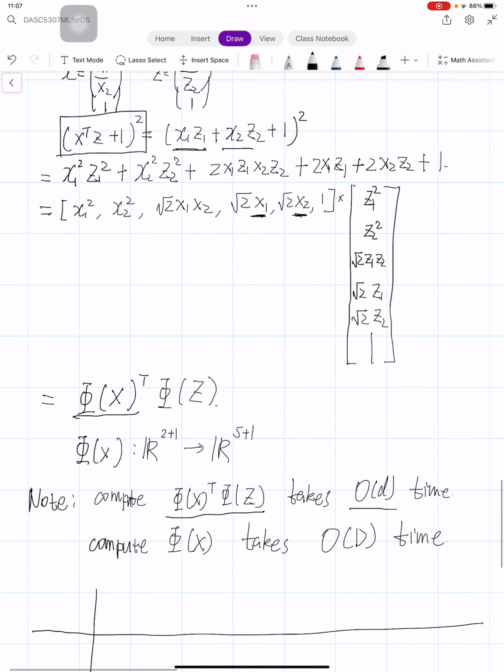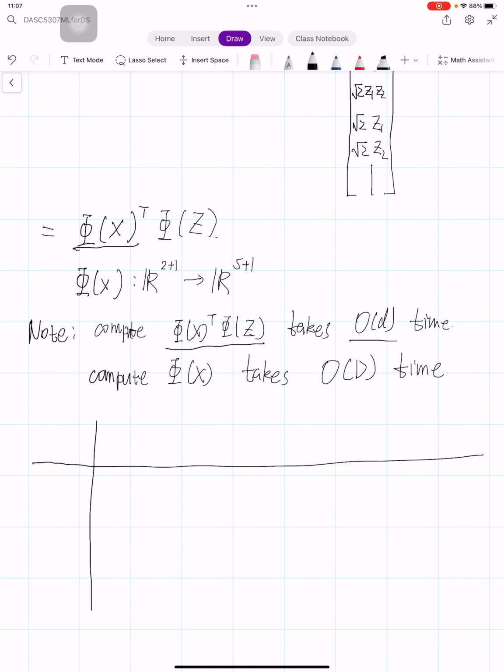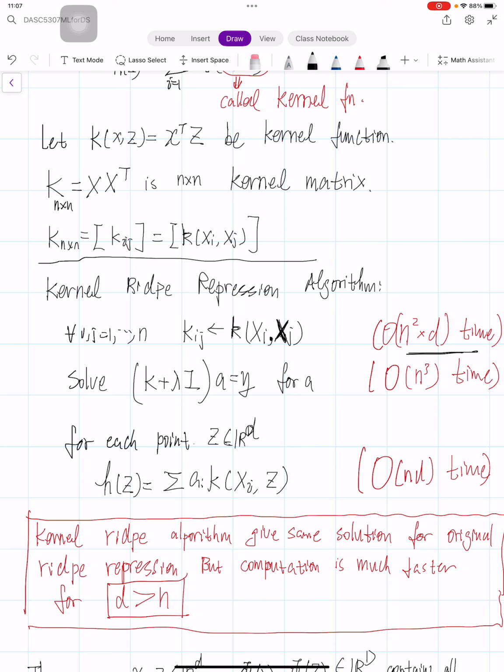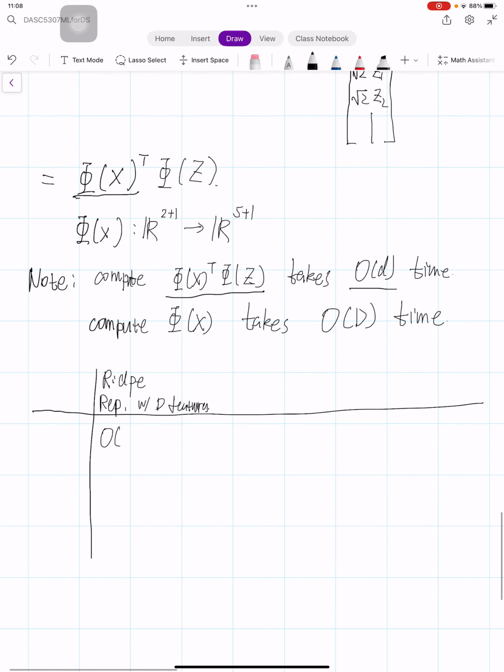For example, ridge regression with d-dimensional features: if you calculate directly, the original ridge regression takes d cubed plus d squared times n for training.